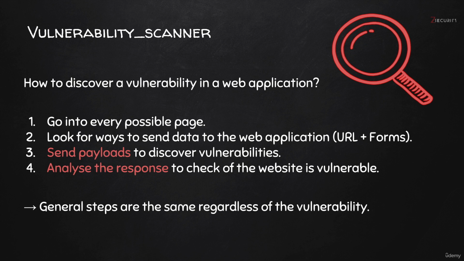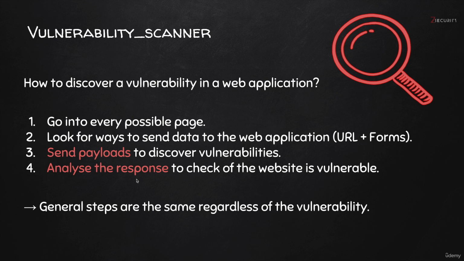And the next important step is to analyze the response that we got after sending the payload and see if this website is vulnerable. So, as I said, the general steps are always the same regardless of what vulnerability we're trying to discover. And the only thing that would change is the things in red, so the payload that we send and the response that we look for.